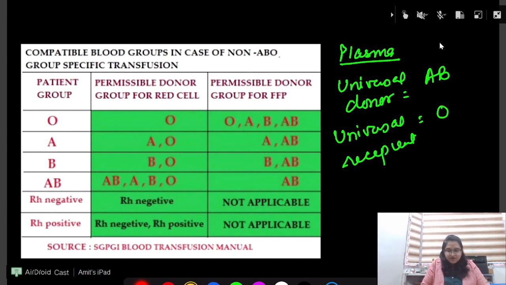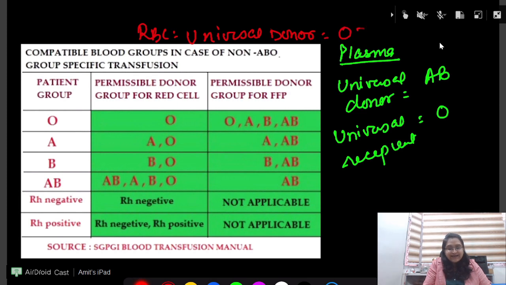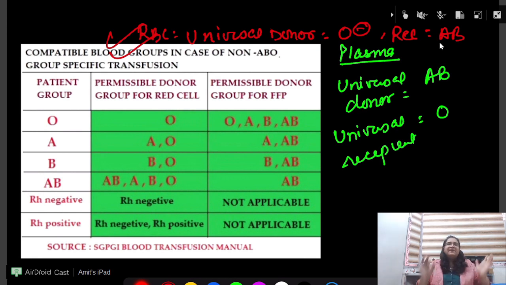Understood everyone? For the RBCs, we have universal donor as O negative and recipient as AB. So please remember, they are opposite of each other; for plasma it is going to be opposite.